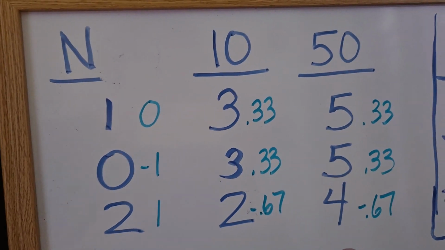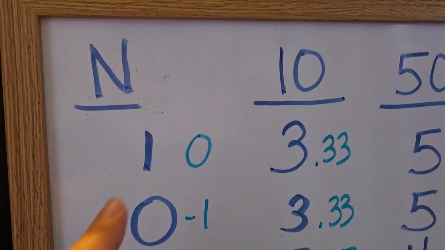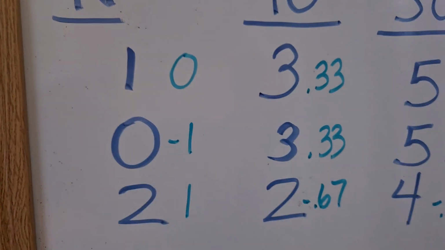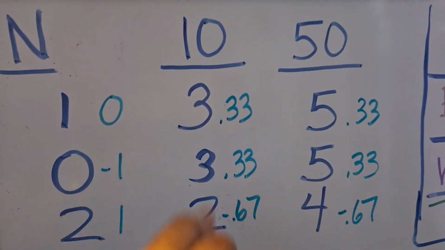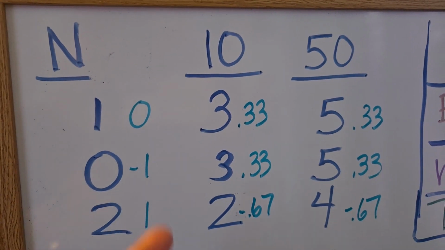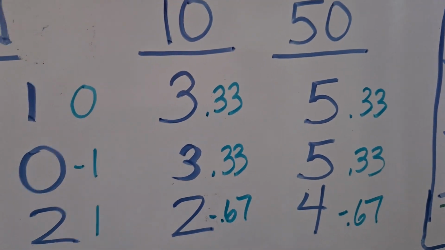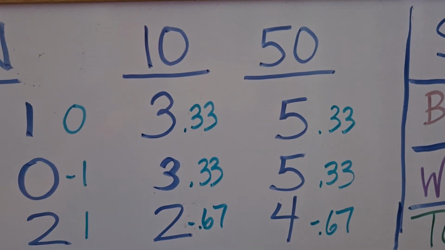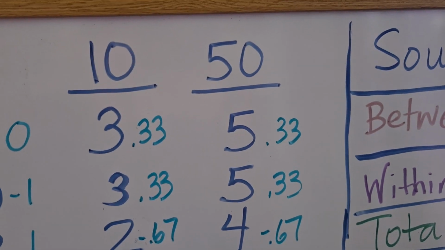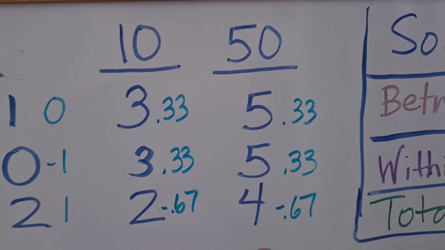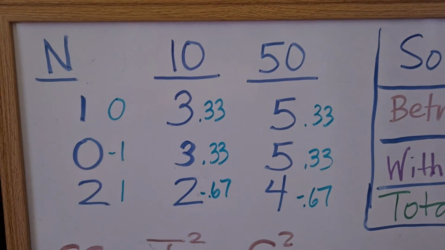The mean for group 1 was 1, so 1 minus 1 equals 0. See how we got all of these scores? And then the mean for group 2 was 2.67, so 3 minus 2.67 is 0.33. 2 minus 2.67 is negative 0.67. And then the mean for group 3 was 4.67, and so we subtract that from these scores, and that's how we get these deviation scores.